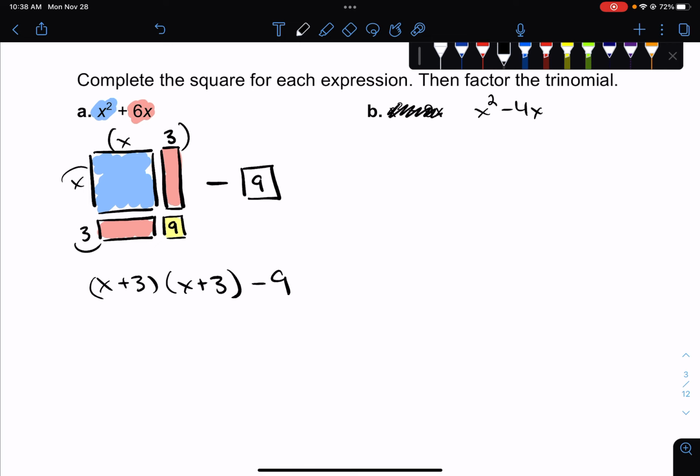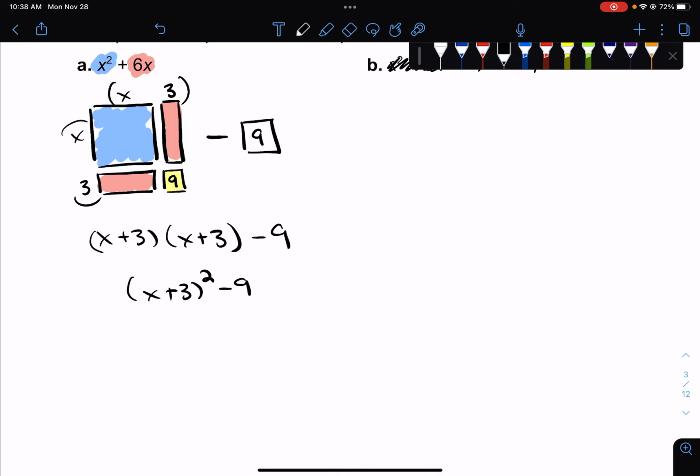X plus 3 times x plus 3, when we clean that up, I get x plus 3 squared minus 9, which is great because now, looking at this equation, I know that I'm going to be shifted left 3 and shifted down 9. So I can already tell you right now that my minimum is negative 9. That's the lowest that my parabola is going to go.